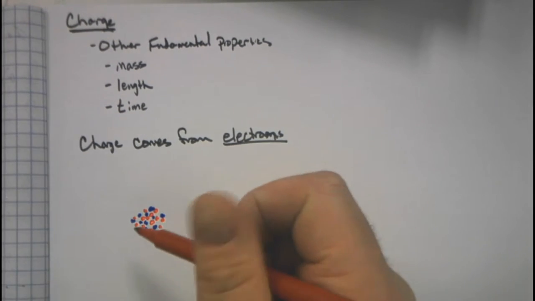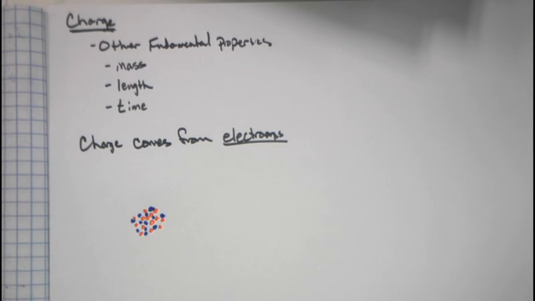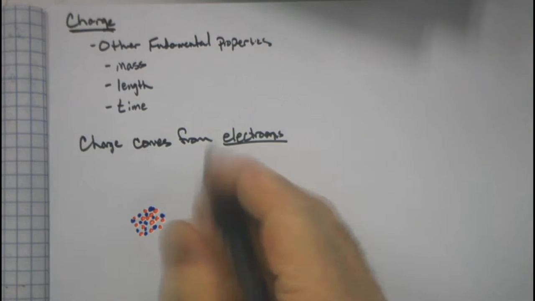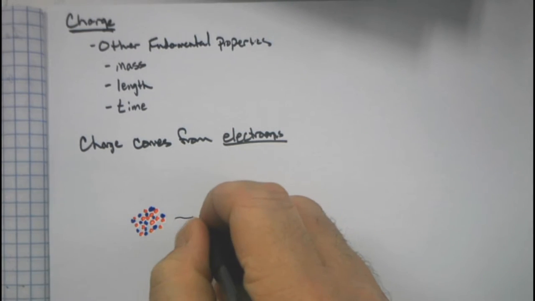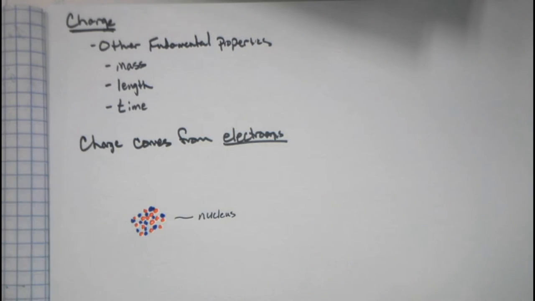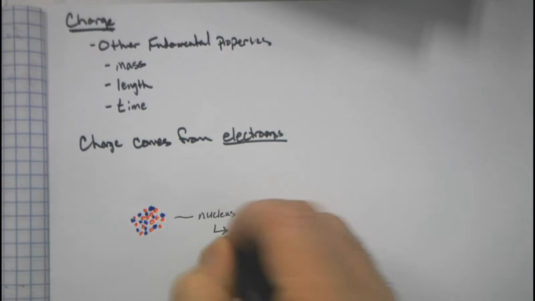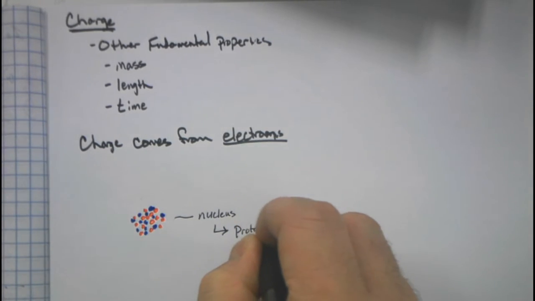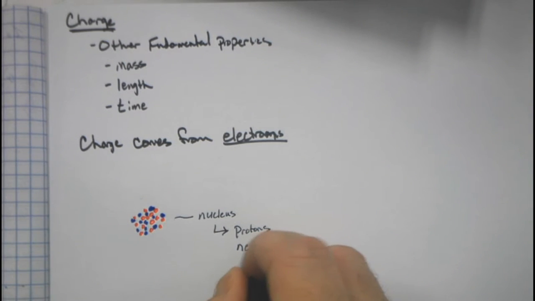In the center of the atom, we have this thing called a nucleus. The nucleus contains two parts. It has protons, and it has neutrons.